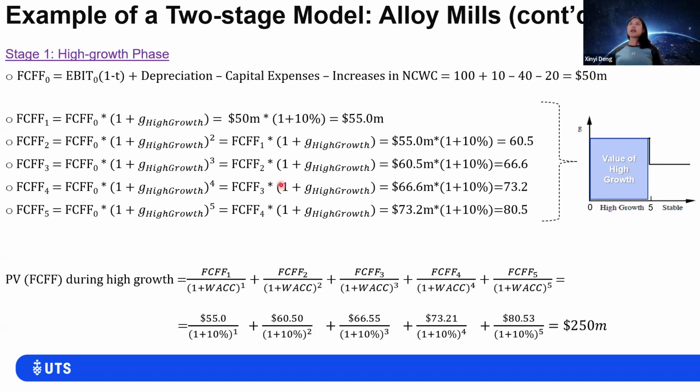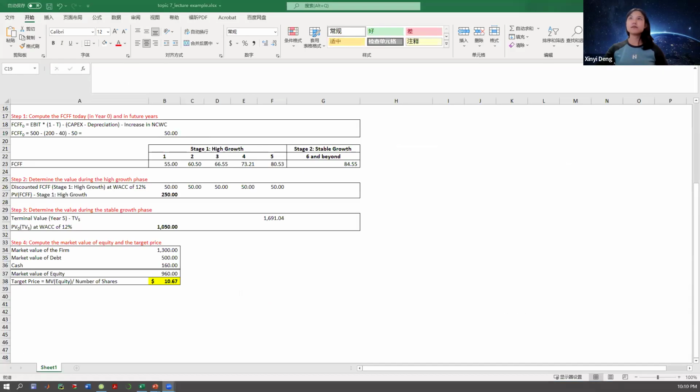Now, let's go back to the Excel sheet to do this calculation to determine the present value during the high growth rate stage. So now let's take a look at here.